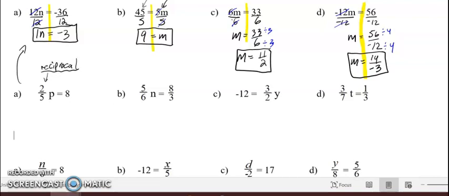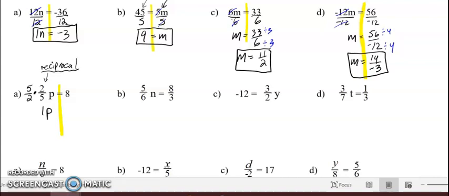It can be done, but we have a much faster way of doing this. And so what you're going to do is multiply by the reciprocal. In other words, I'm going to multiply by 5 over 2. It looks like I'm going to make the question uglier, but what is 5 over 2 times 2 over 5? It's just 1. So that's going to be 1p.